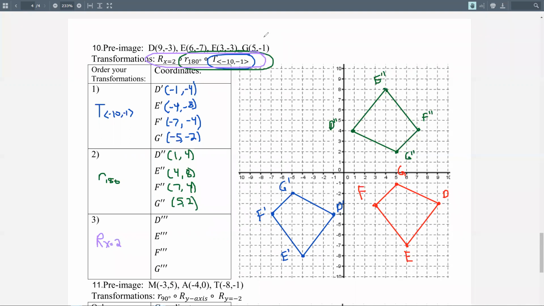So x equals 2 is a vertical line at 2, right here. So here we just have to count. D is 1 to the left, so D triple prime is 1 to the right. E is 2 to the right, so we need to go 2 to the left for E triple prime. F is 1, 2, 3, 4, 5 to the right, so we have to go 5 to the left.